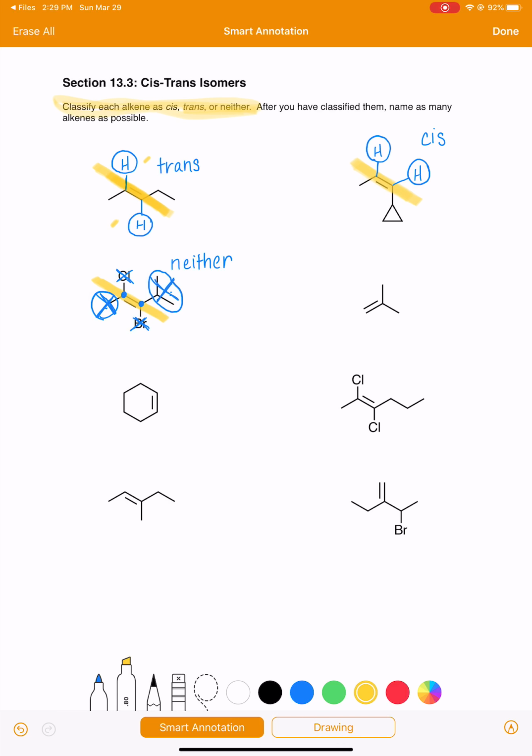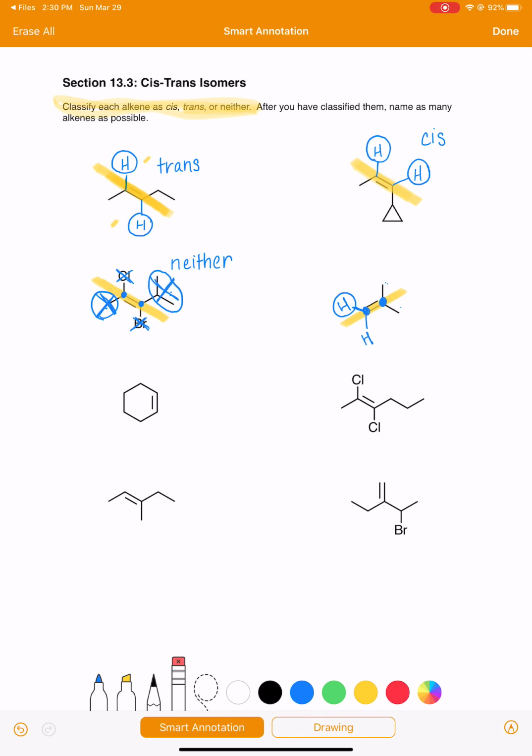Next example, draw a nice line through your double bond. And this one we do have some hydrogens that we can draw in. Here we are looking for something that's on this carbon that's also on this carbon. We have a hydrogen, but our other carbon doesn't have any hydrogens on it.